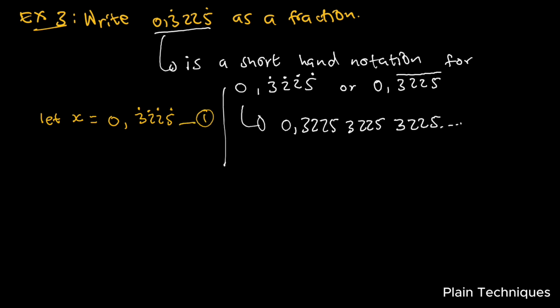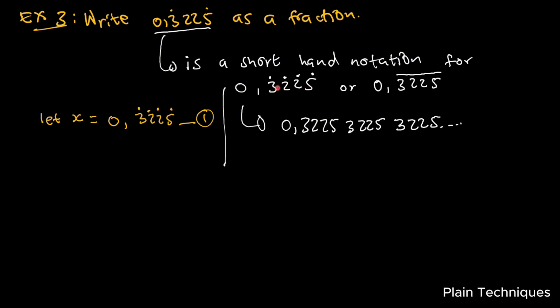Now remember, the second step is that we need to multiply equation number 1 by 10 or 100 or 1,000, 10,000, where the number of zeros is equivalent to how many decimals are repeating, how many recurring decimals we have.